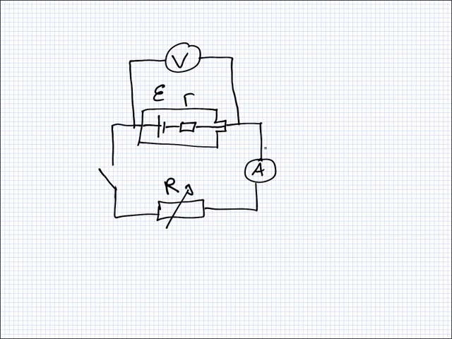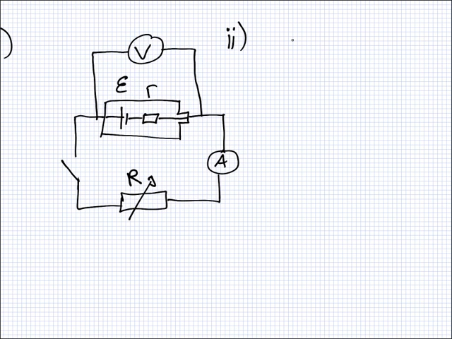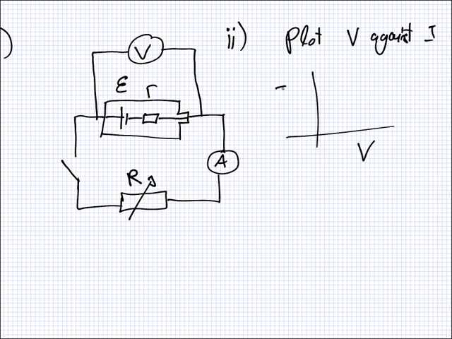Okay, that's nice. And then part 2 is they want to explain the graph. So what you could do is you could plot, for example, V against I, and you get a graph like this. What shape is this graph?